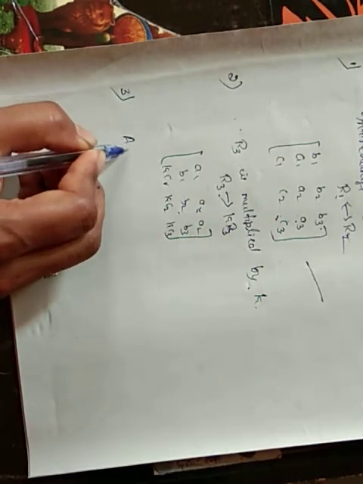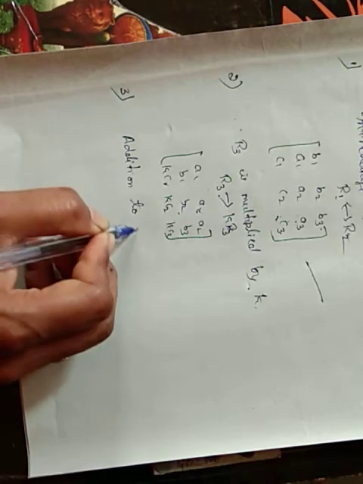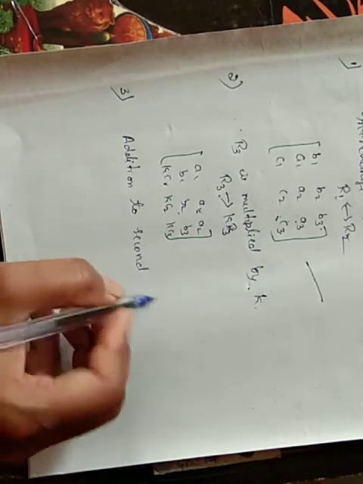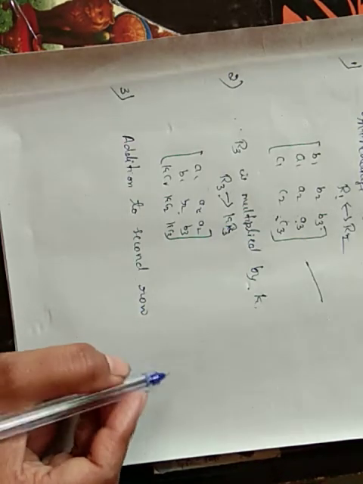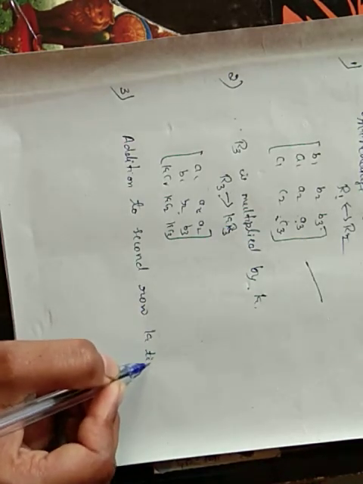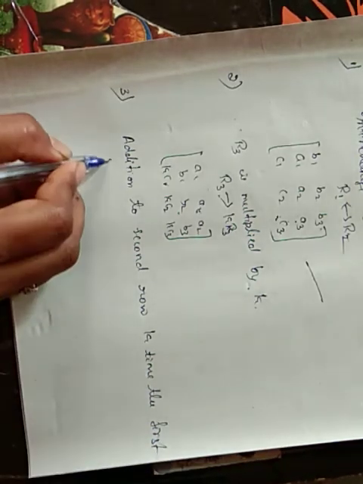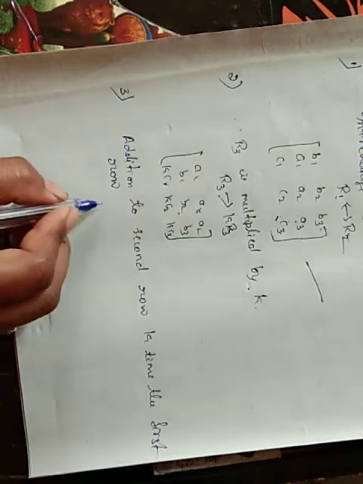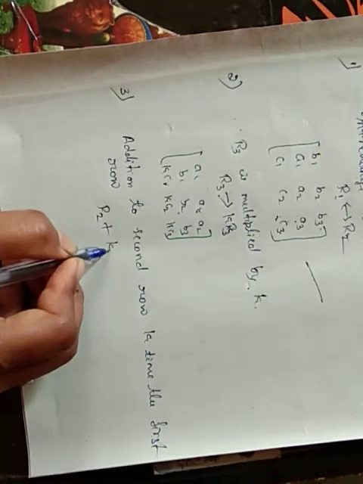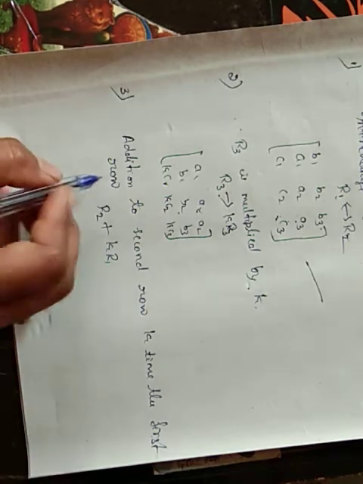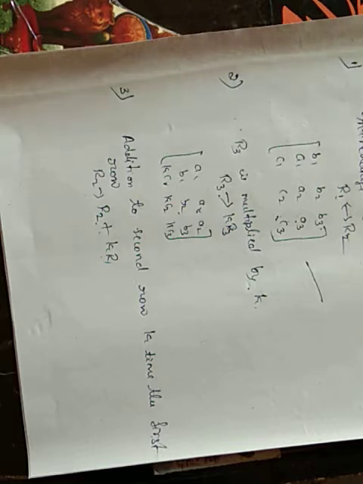For example, addition to the second row of K times the first row. That means R2 tends to R2 plus K into R1.